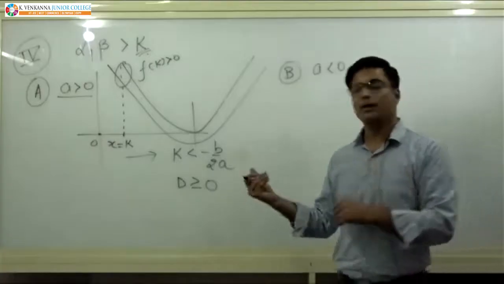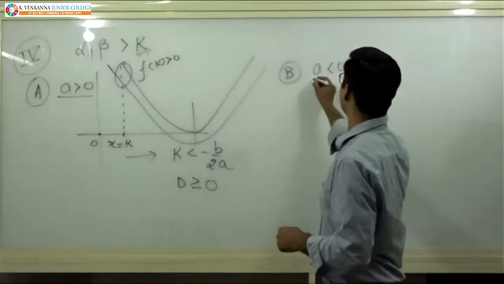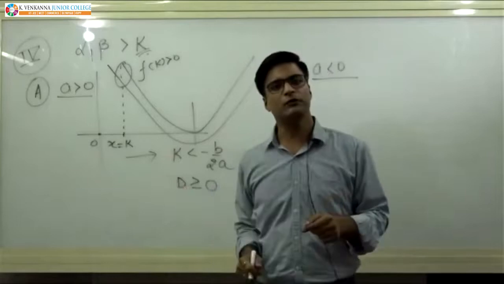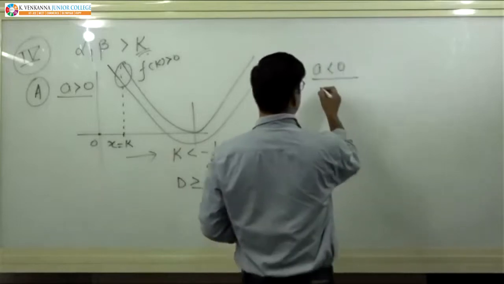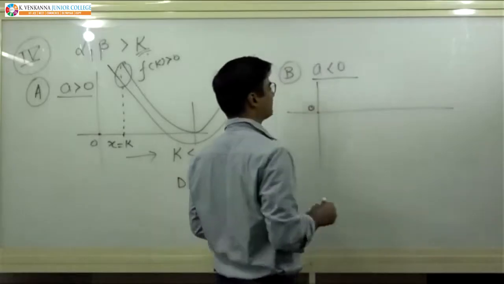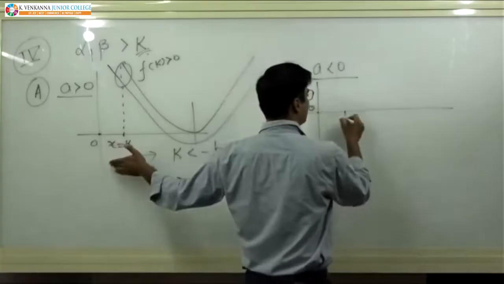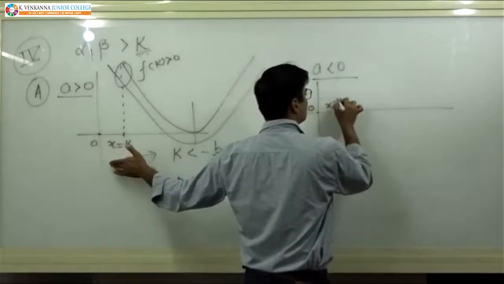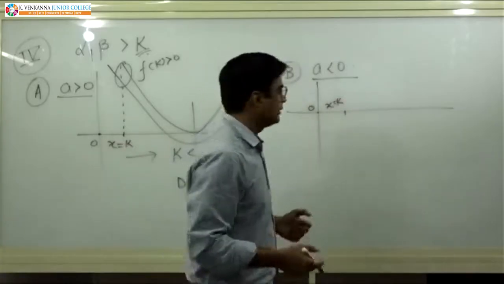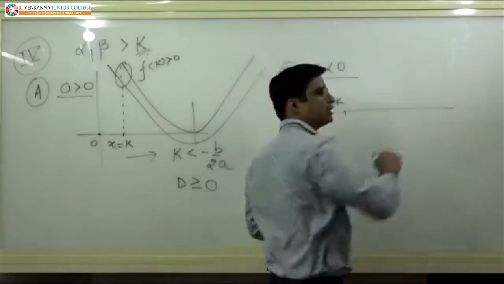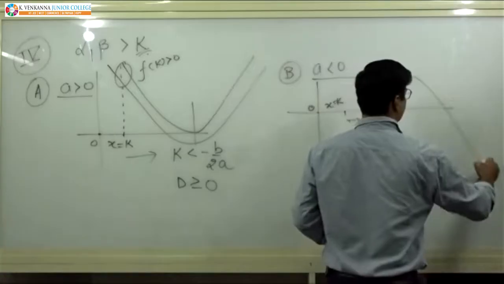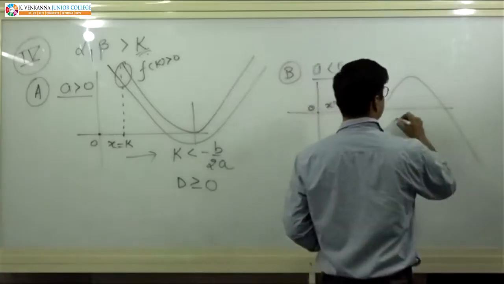Now let's come to when a is negative. If a is negative, then the parabola opens downwards. Let's say this is your origin, and again let's say x equals k is this point. Now again alpha and beta should come on the right hand side of this. That means your curve will look like something like this or something like this.